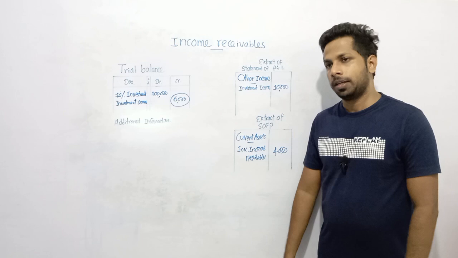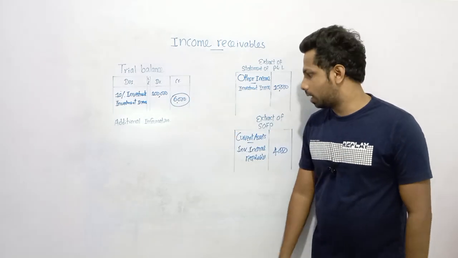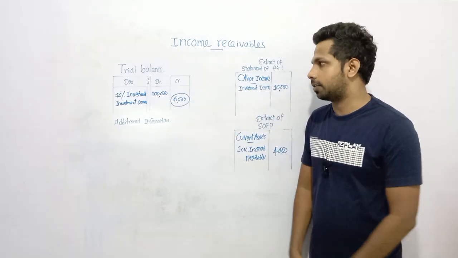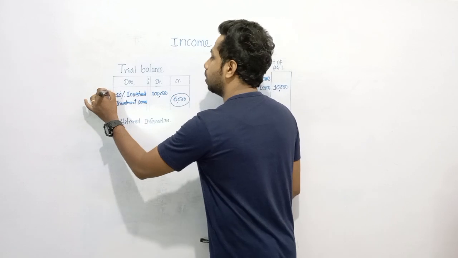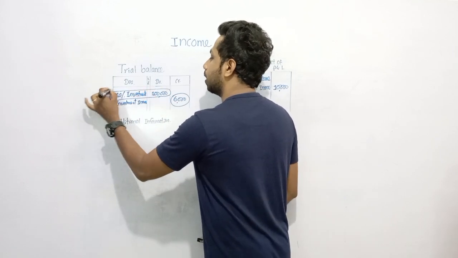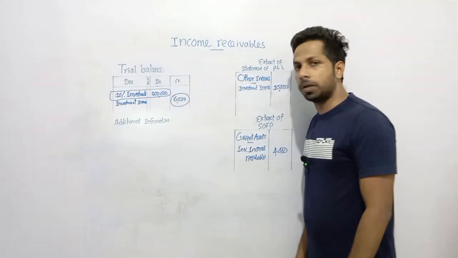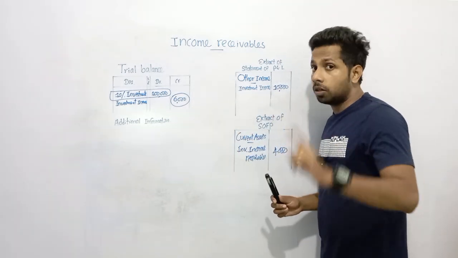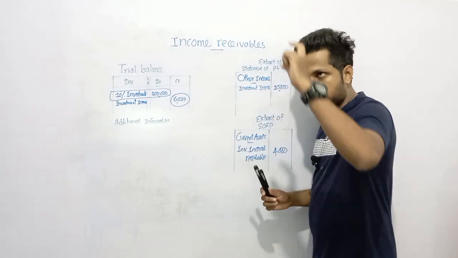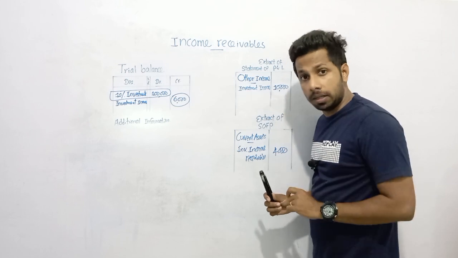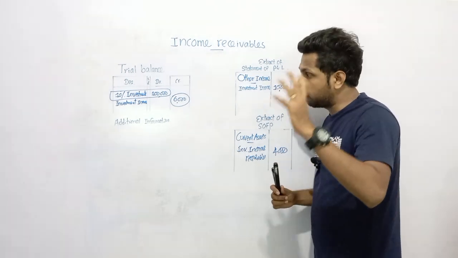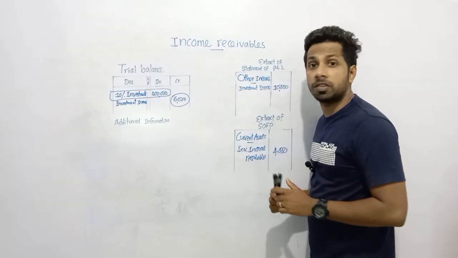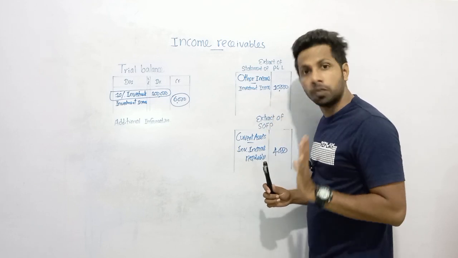And remember, investments you need to record under non-current assets. When you notice investments, these are long-term investments. So you should record them under non-current assets first. After recording the physical assets that we depreciate, we record this as a financial asset under the same non-current category.